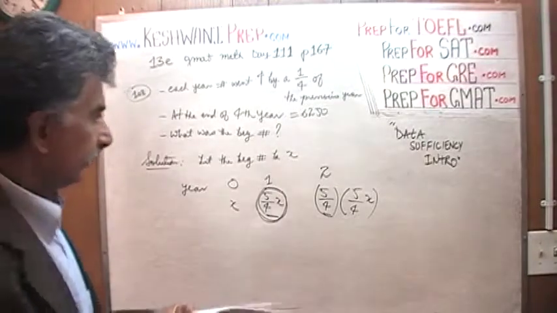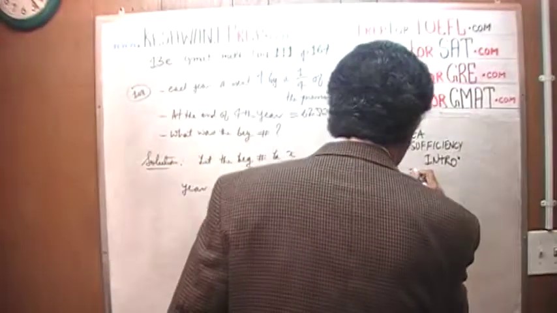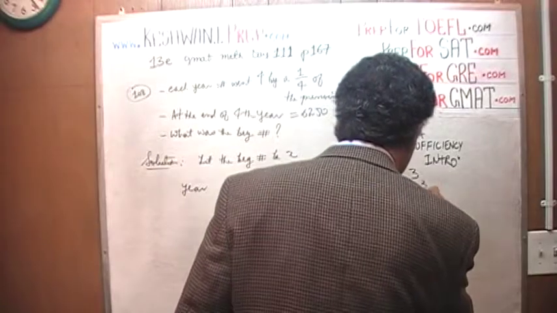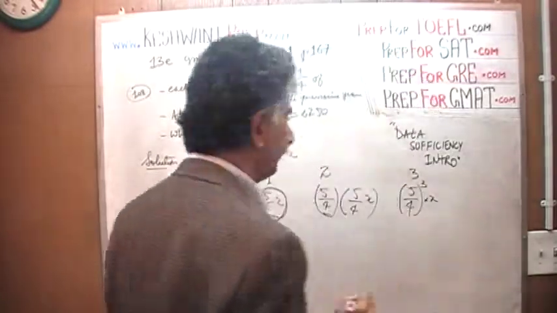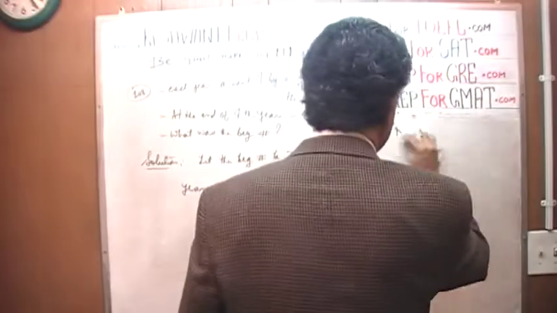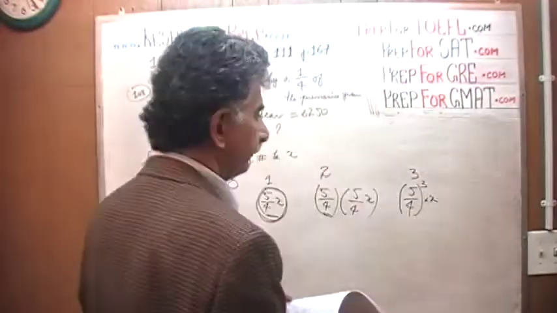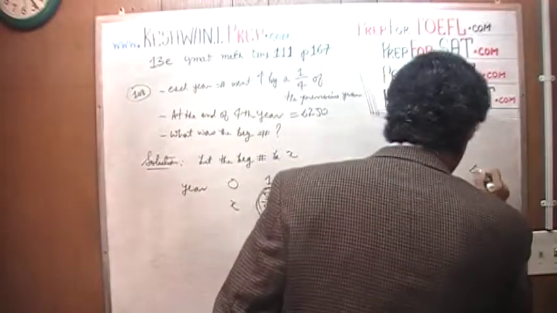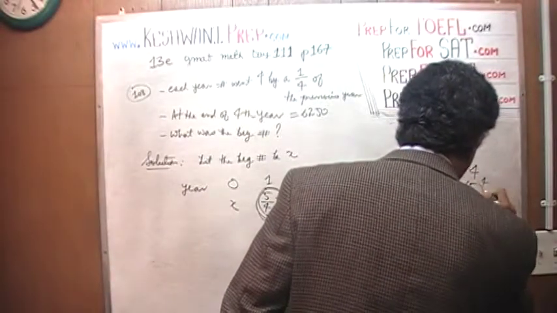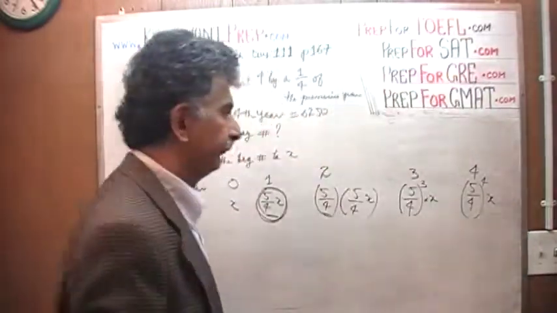At the end of the third year, we'll have 5 quarters cubed times x. And at the end of the fourth year, we'll have 5 quarters raised to the 4th power times x.